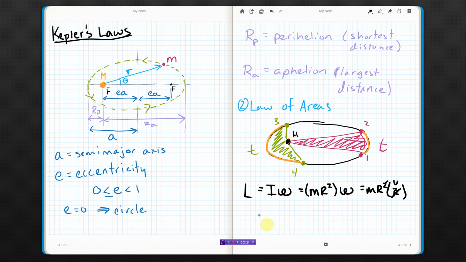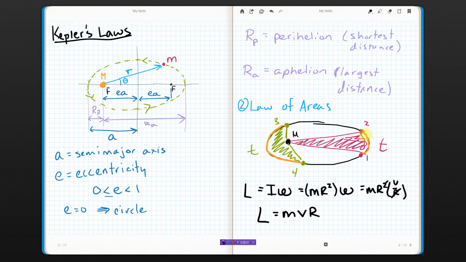So in the end, for any particle, just one little particle, it's the mass of the particle times the velocity of the particle times the radius from the center. So think about it over here. And remember, angular momentum is conserved pretty much under a lot of circumstances.